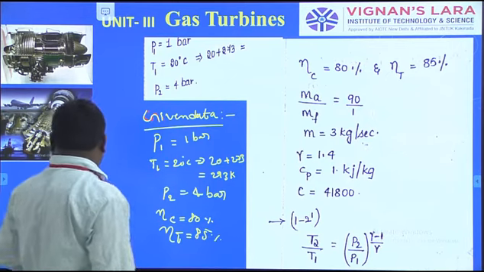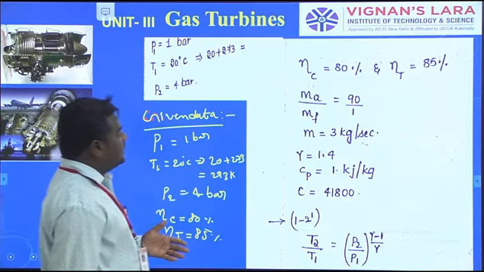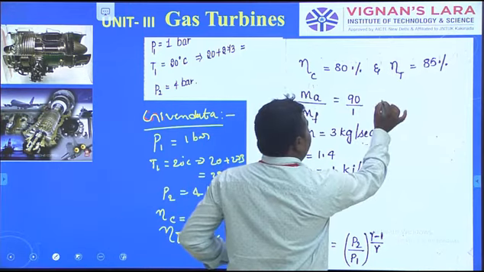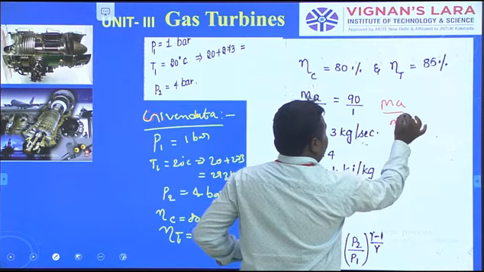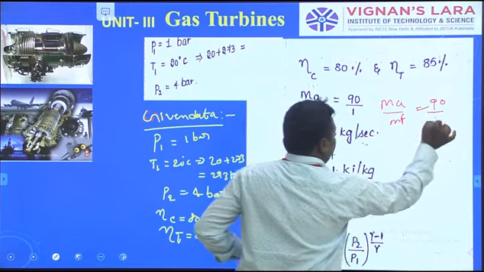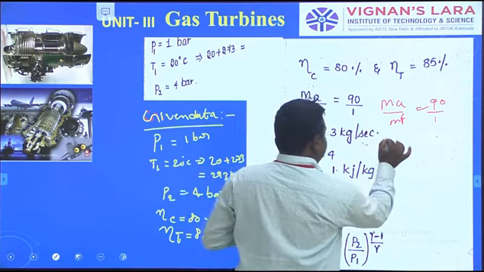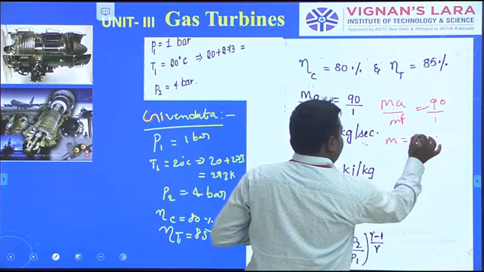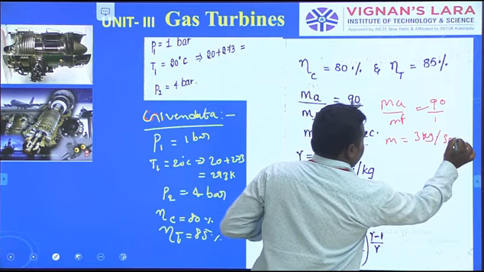Then the mass ratio, MA by MF, equal to 90/1. The mass M equals 3 kg per second.